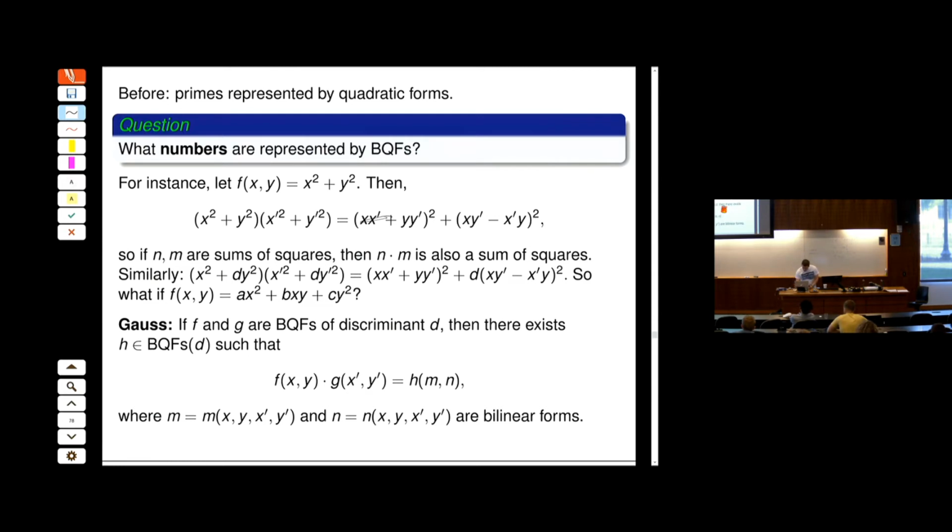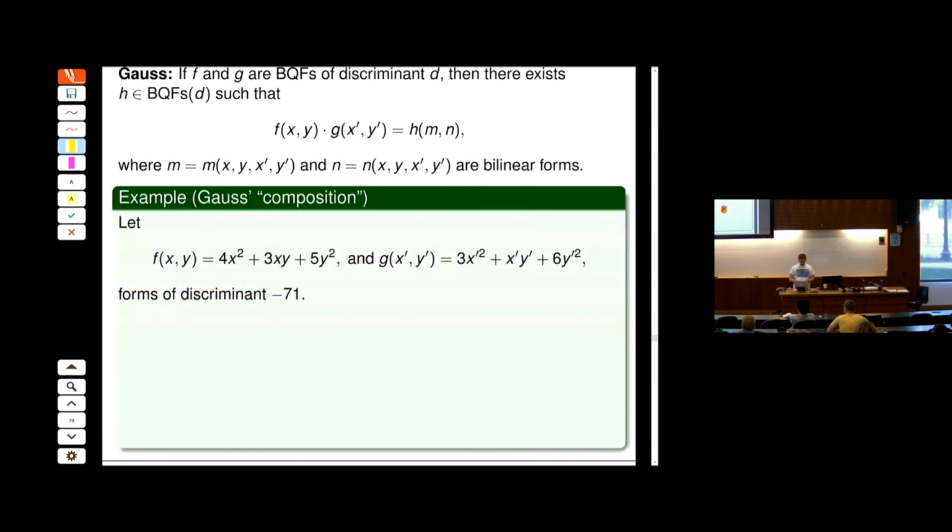So this would be an example of the bilinear forms M and N that are below. Here is another example of what Gauss called composition of quadratic forms. The composition of these 2 quadratic forms, those are 2 quadratic forms of discriminant minus 71.